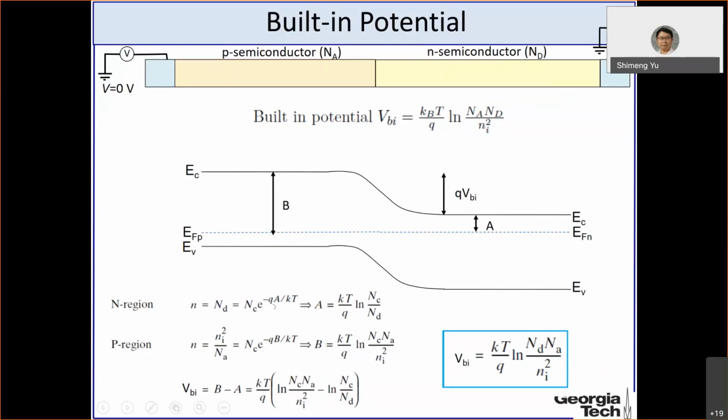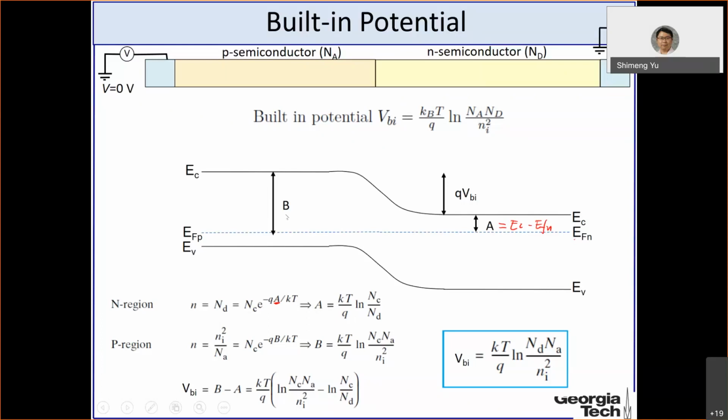A is this distance, let's say EFN minus EC. Oh, sorry, I think A is defined as EC minus EFN. This is the same equation as in the last lectures. So you can calculate what A is from this equation. This is similar to your homework. So this is A. And then how about B?